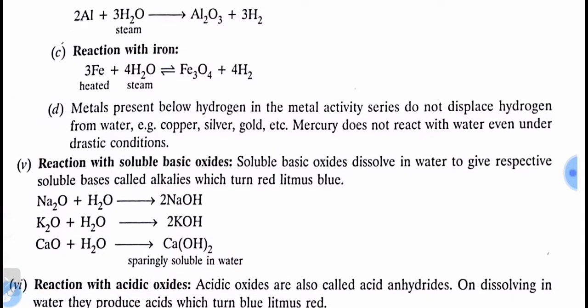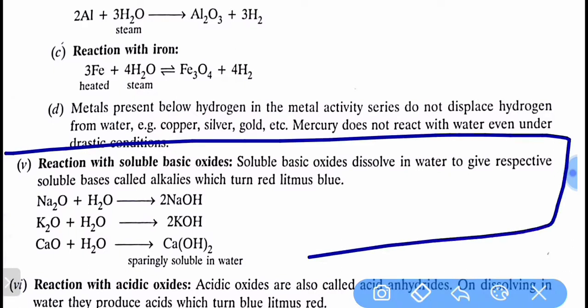Next reaction, reaction with soluble basic oxides. As you know, metals form basic oxides, so how does water react with their oxides? Soluble basic oxides dissolve in water to give respective soluble bases called alkalis, which turn red litmus blue. They give their soluble bases only.